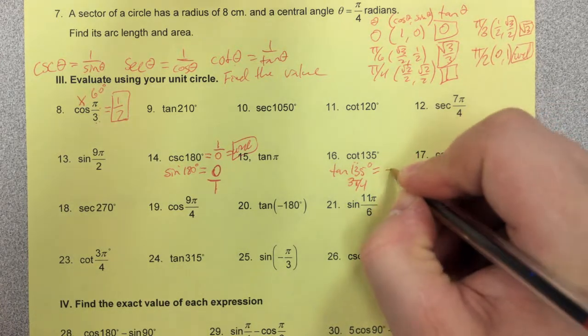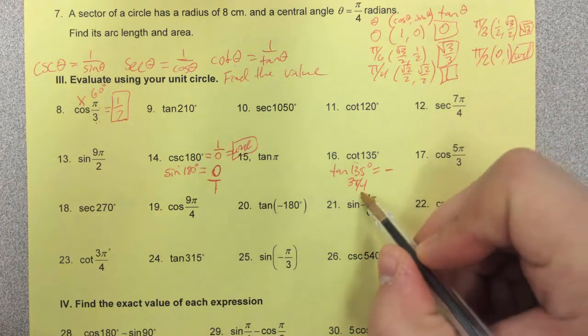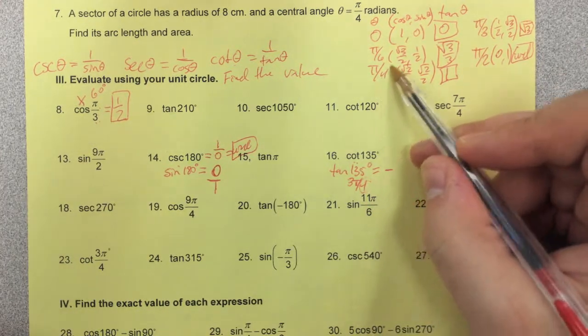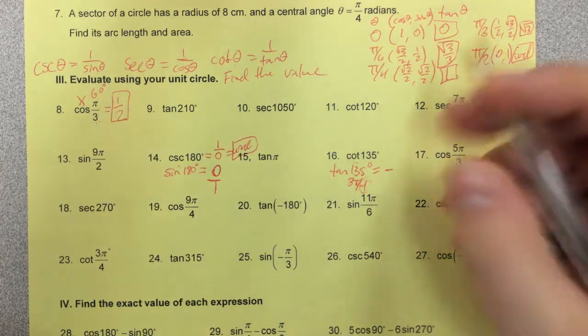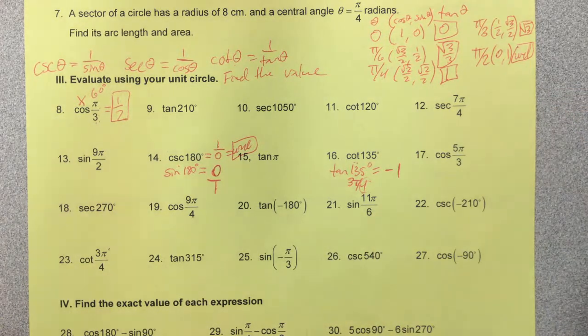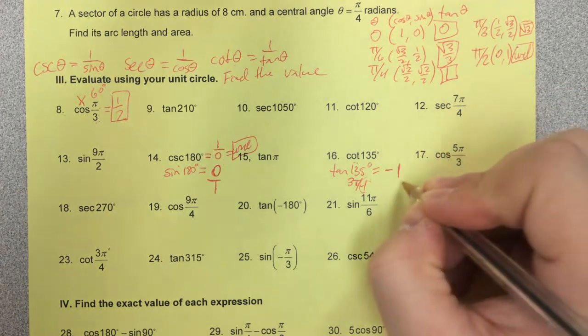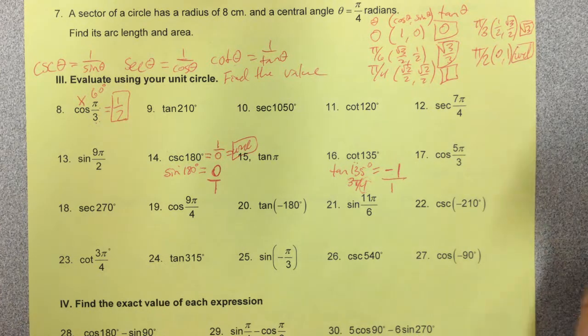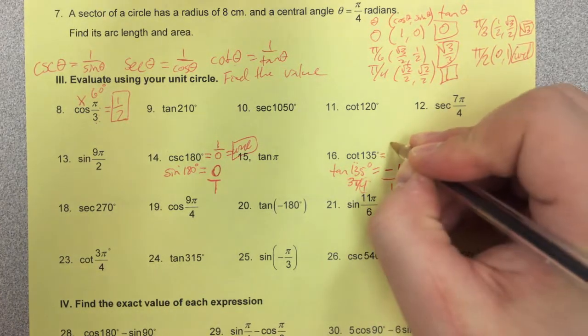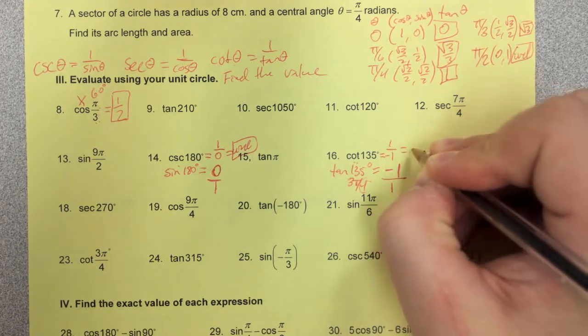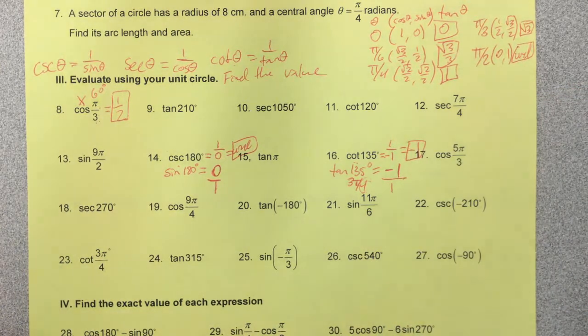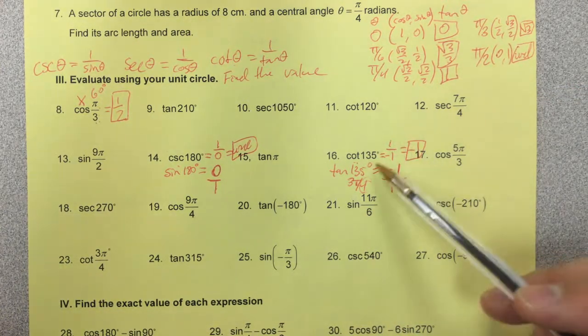And then this is an over 4 family. So if I go over here, my over 4 family has a tangent of 1. So that's going to be negative 1. Okay, so then really that's negative 1 over 1. So if I flip that, it would be 1 over negative 1, which is still just negative 1. Okay, so that's going to be that one.